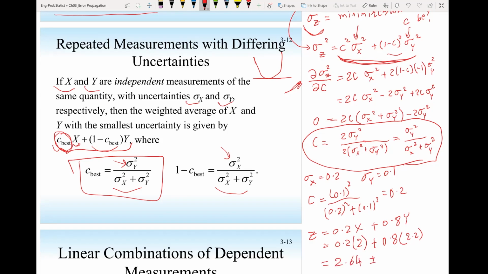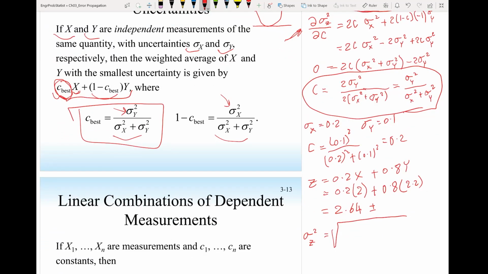And the uncertainty in this case will be the square root of C1 squared, so that's 0.2 squared, times the variance of x, which is 0.2 squared, plus C2 squared here, which is 0.8 squared, times the variance of y, which is the square of 0.1. And this will be 0.008, and that will be 0.089.